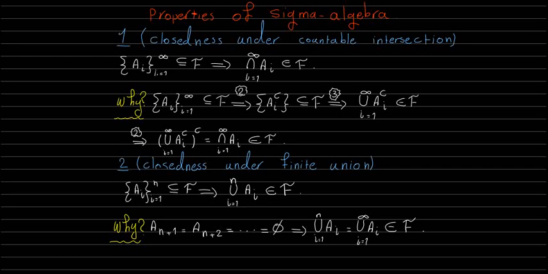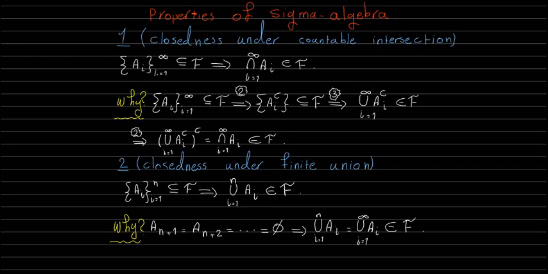In order to prove this property, we can choose A sub n plus 1, A sub n plus 2 and so on to be the empty set. The reason to do this is that we already know the empty set is in the sigma algebra. So the finite union of A sub i's is going to be A sub 1 union A sub 2 all the way to A sub n, union A sub n plus 1 union A sub n plus 2 and so on.